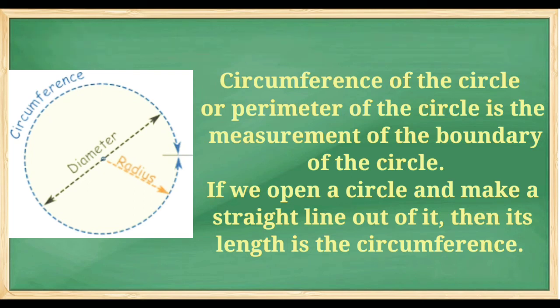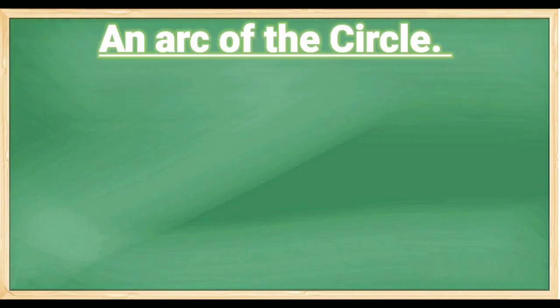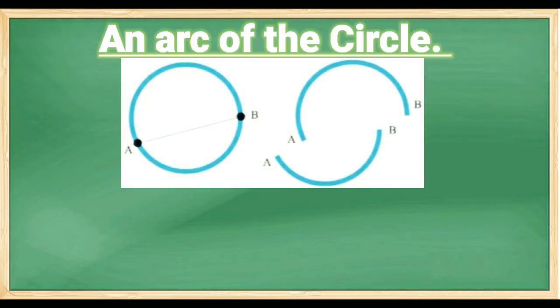The next part of the circle we are going to talk about is an arc of the circle. The picture that you see on your screen is that of a bangle which when broken at points A and B will split into two parts as shown in the picture. Each of these parts is called an arc of the circle.